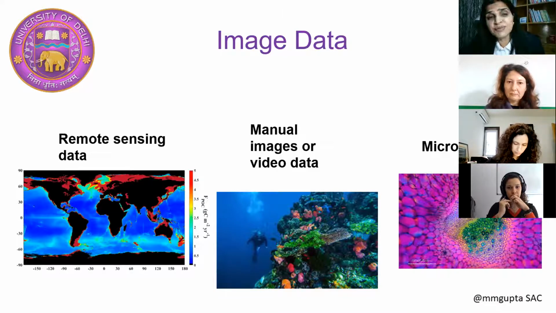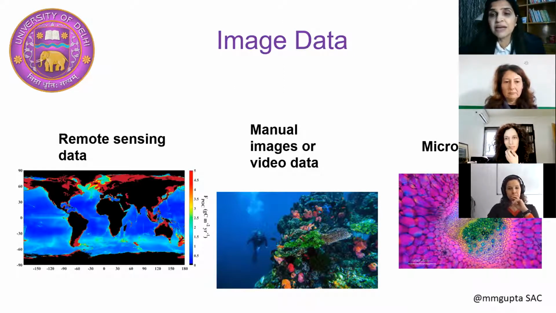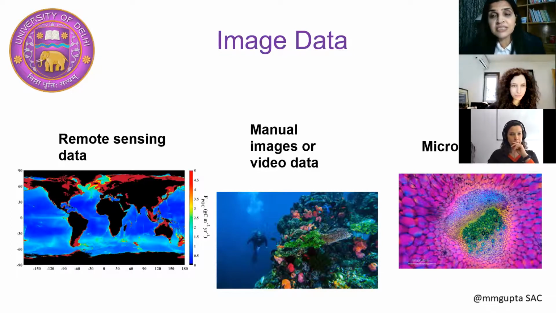We also have remote sensing data, and I know a lot of studies use remote sensing data to study lichen distribution. So the image data may be from remote sensing, or manually collected by camera, or captured by a microscopic camera. That data is also quite advanced and accumulated, and we can derive huge information from it. We can use it for automating things.